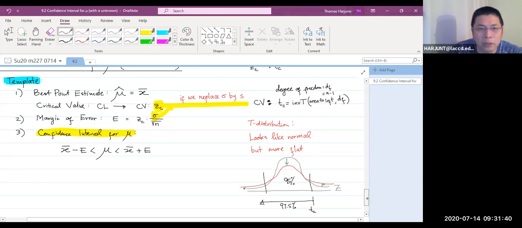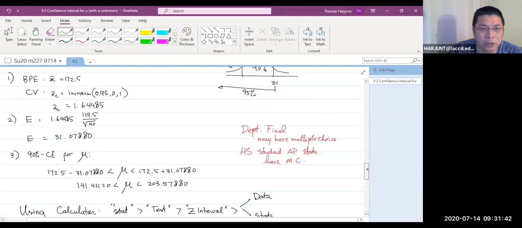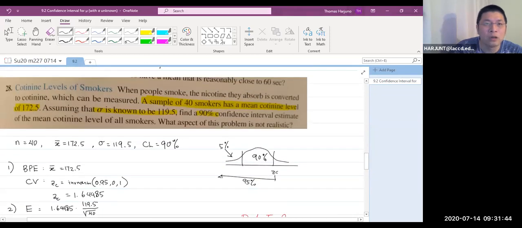Now, let me look back to the last question we did here. The follow-up question: what aspect of this problem is not realistic? That's actually the reason our textbook gets rid of the case when sigma is known.